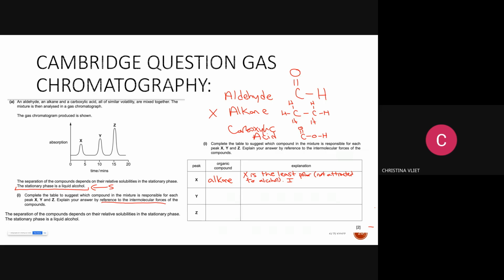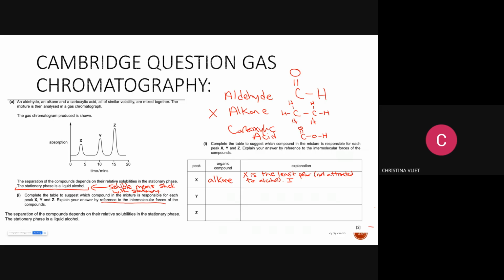So the more soluble it is in the stationary phase, the longer it takes to come out. The less soluble, the faster it comes out, because it's not stuck, it's moving with the gas. So X is the least polar, not attracted to the alcohol.